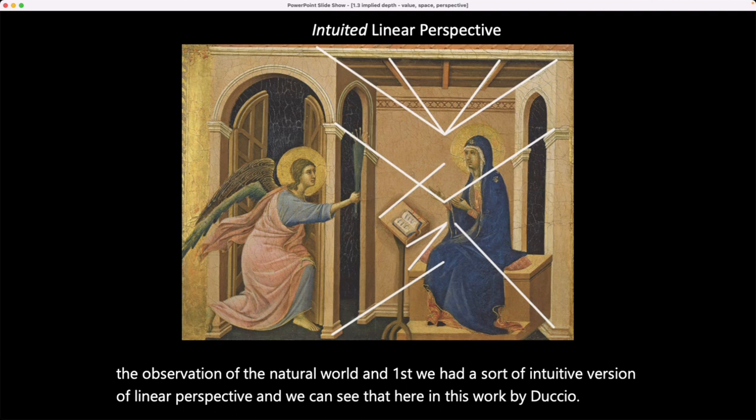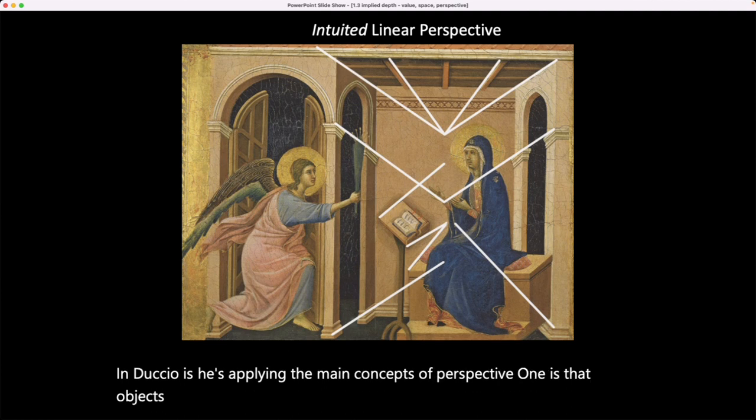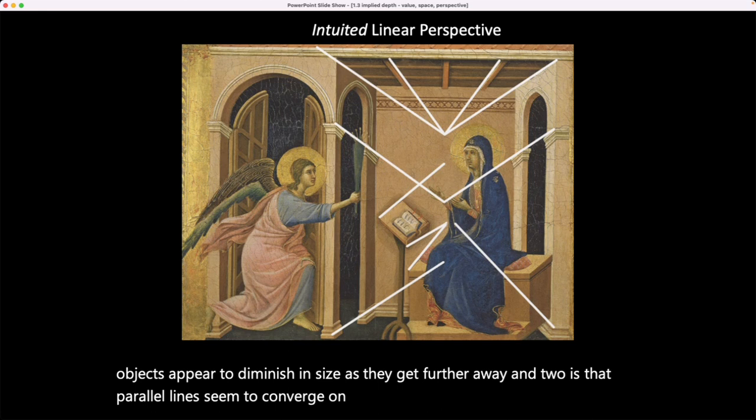And Duccio is applying the two main concepts of perspective. One is that objects appear to diminish in size as they get further away, and two is that parallel lines seem to converge on the horizon.